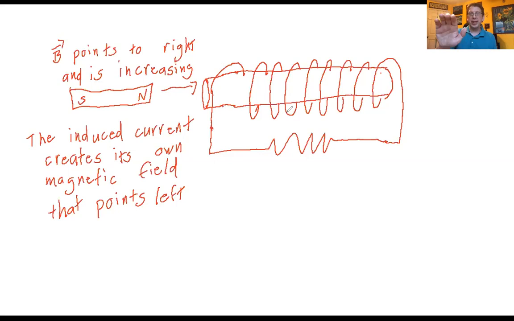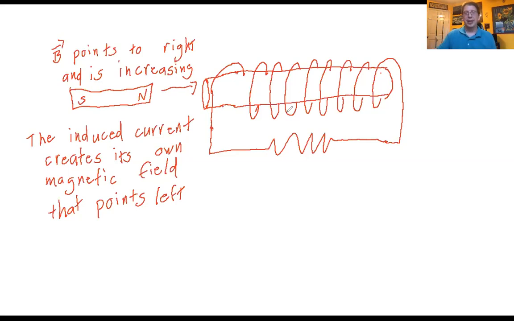So it's coiling, the current, or rather the magnetic field created by the induced current is pointing to the left. So you point your thumb to the left, your fingers curl in the direction of the current, which is into the board above and out of the board below.